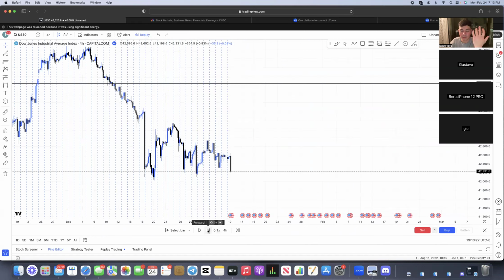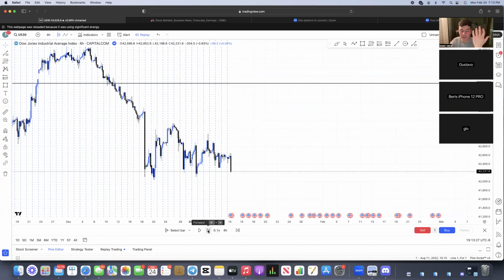So I would put my resistance, and this would be my support. I would take a buy if it breaks above this resistance, and if it breaks out of the channel, which is this little red line of the bearish trend line. So I would be taking the buy right around here.